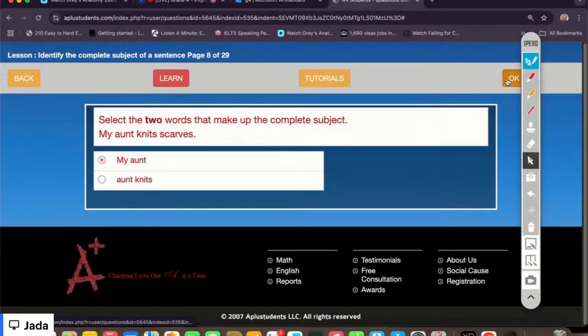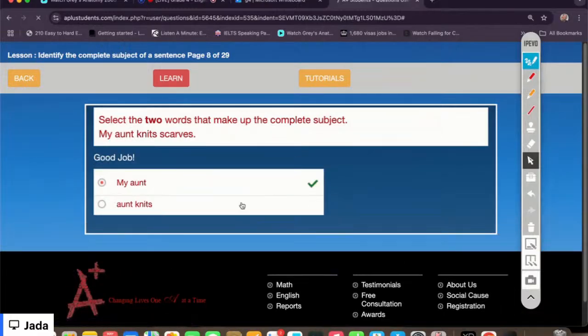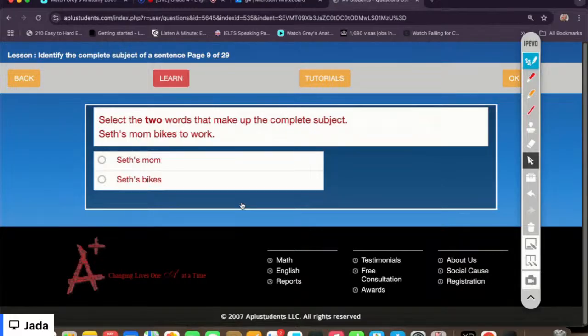Okay, that's it for this lesson, which is identify the complete subject of a sentence. If you haven't done this, just try to complete this. Okay, we'll move on to the next lesson.